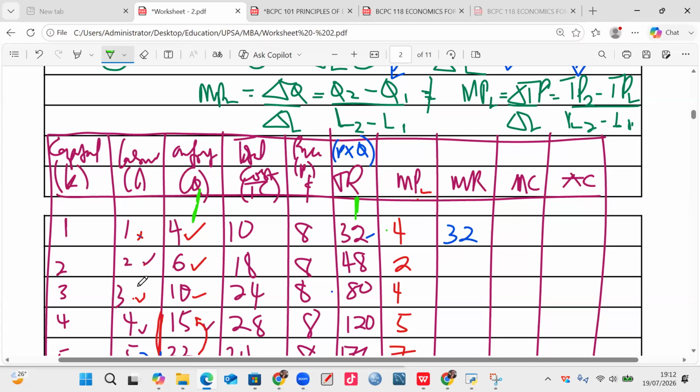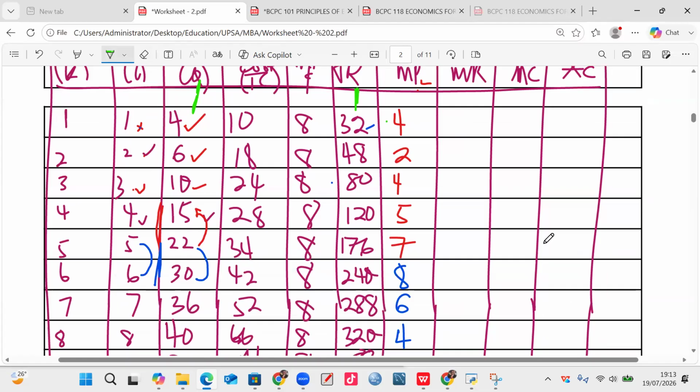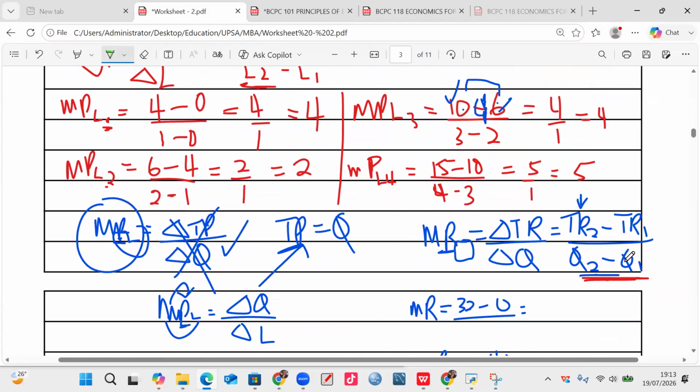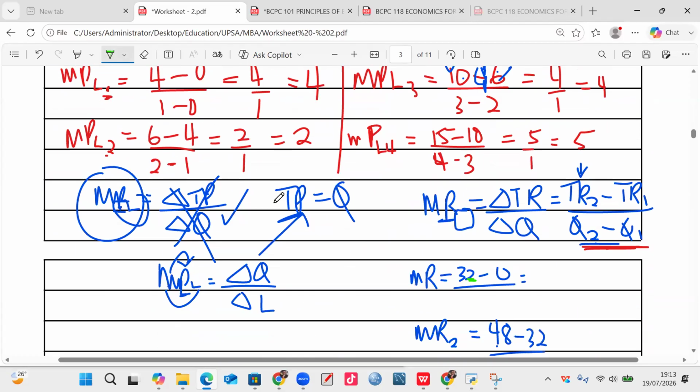Are we good? Yes, sir. I used labor, it's wrong. The formula is what? TR2 minus TR1 over Q2 minus Q1, and I was using L2 and L1. So if TR2 is 32 and the previous is 0, then what is the Q2 for labor 1?